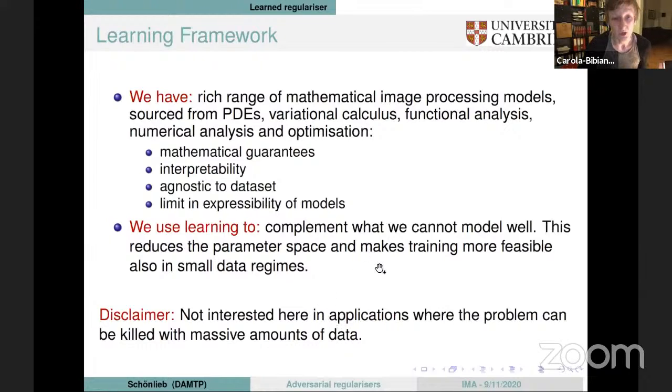On the one hand, this allows you to at least hope that you might be in a regime where you can still prove something about this kind of hybrid model between learning and modeling.